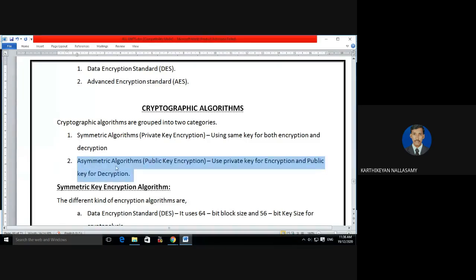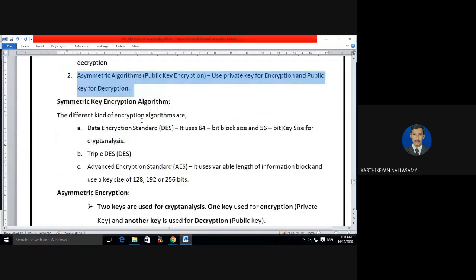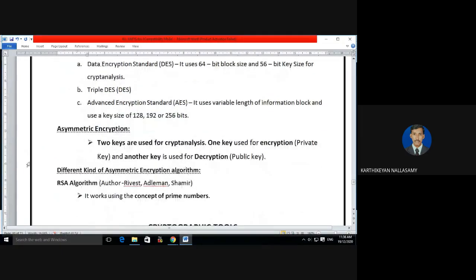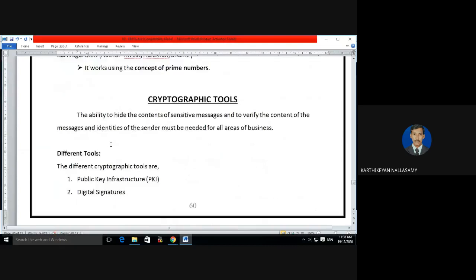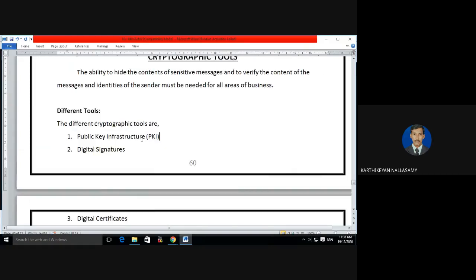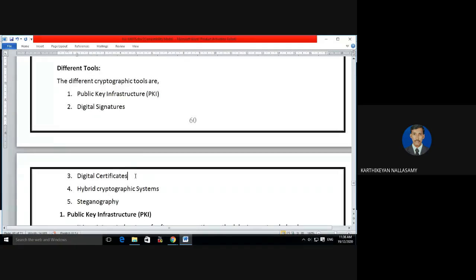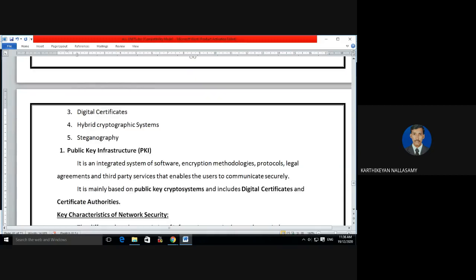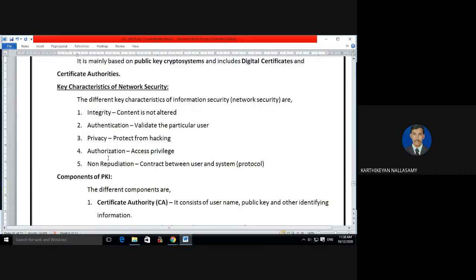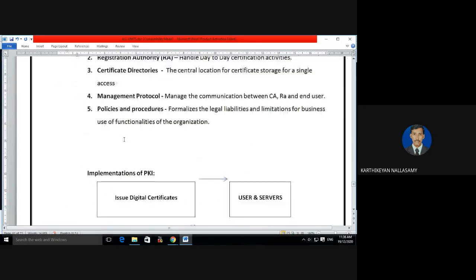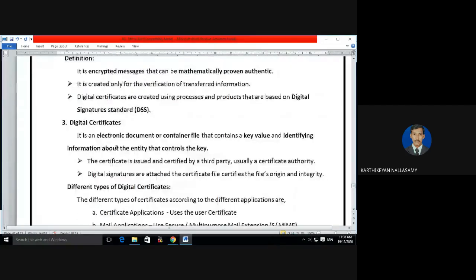There are also different tools normally used for implementing cryptography: public key infrastructure, digital signatures, digital certificates, hybrid cryptographic systems, and steganography. These were already discussed in previous concepts, so I don't need to go into more depth. You can just recall them.